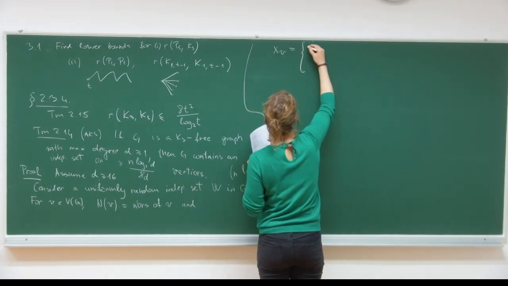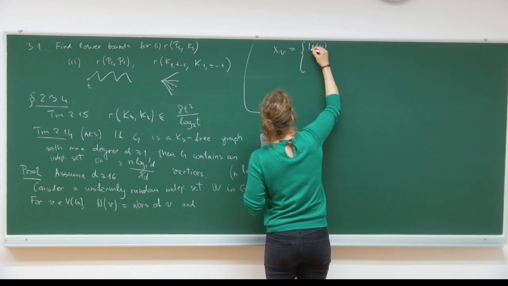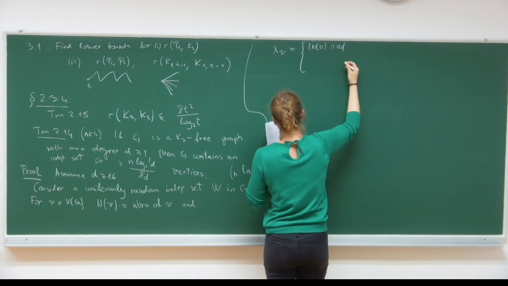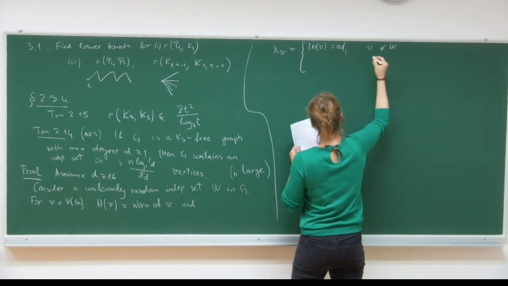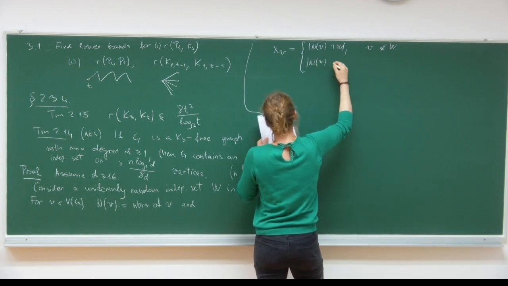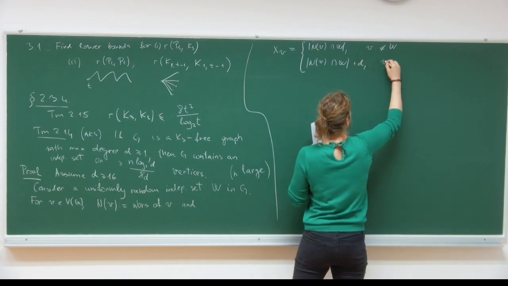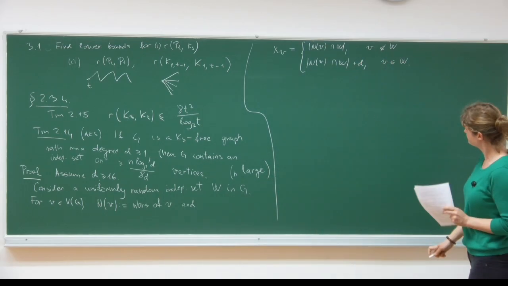So we have two cases. It'll be the number of neighbors of V lying in this independent set if V is not in the independent set, and we'll have an extra factor, a summand of D, when V is in this independent set.